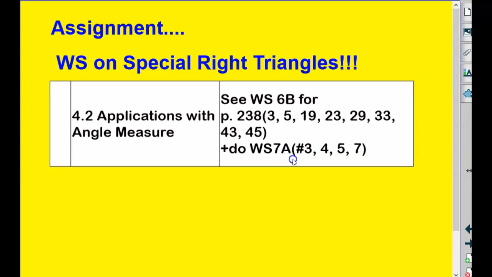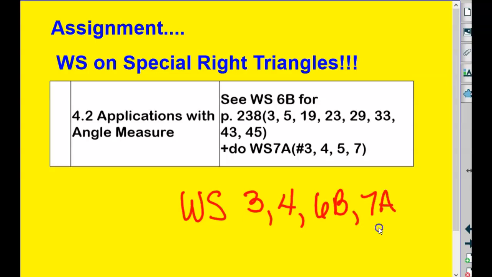So you need to finish up the stuff from yesterday. So you should have done all the circled problems on, was it 3 and 4 yesterday, guys? And now 6B and 7A. All the circled problems on those eventually. I'm not sure you're really ready, so come with questions maybe on what you didn't get to on 6B and 7A.